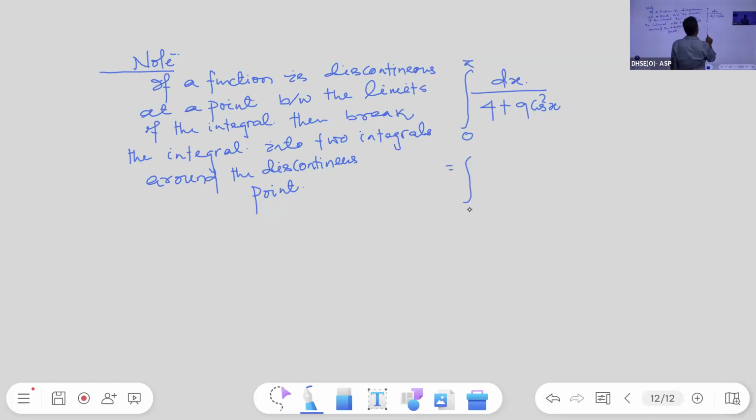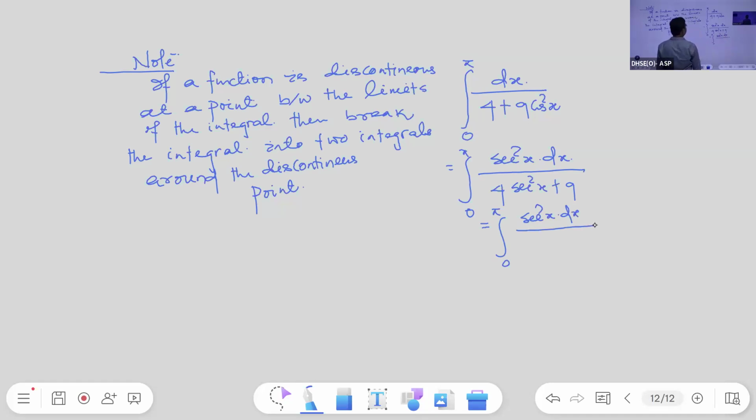This will be equal to integral 0 to pi secant square x dx upon 4 secant square x plus 9. This is equal to integral 0 to pi secant square x dx upon 4 into 1 plus tan square x plus 5, so make it suppose 9, it will be easier for calculation.